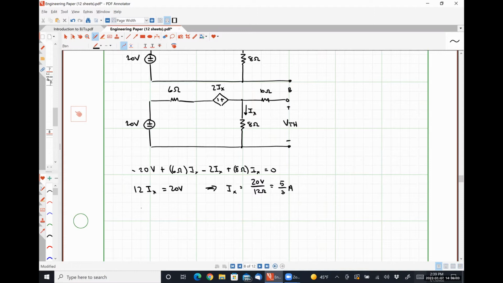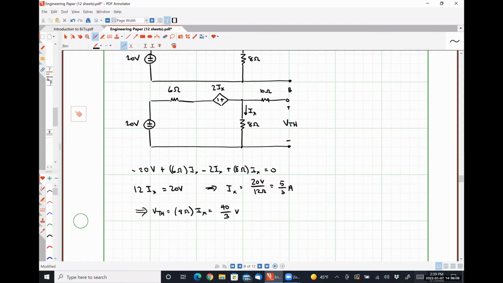And from that, VThevenin is simply 8 ohms times Ix, or 40/3 of a volt. Anything seem unreasonable about that analysis? All right.